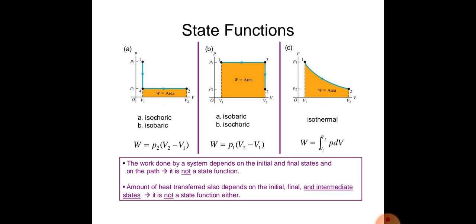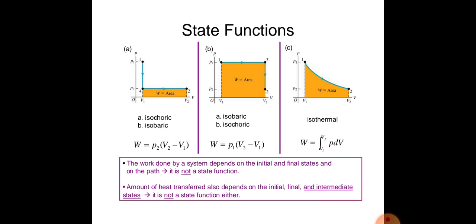So we can find out the work by use of the formula P2 into bracket V2 minus V1. And if we consider that process A is isobaric and process B is isochoric, at that time the work done is P1 into bracket V2 minus V1 as shown in graph B.